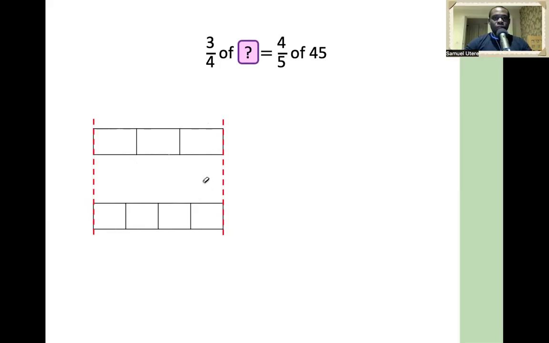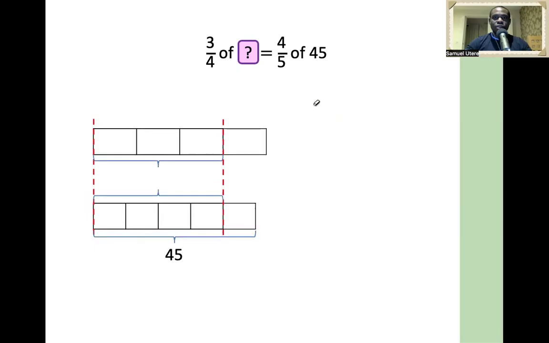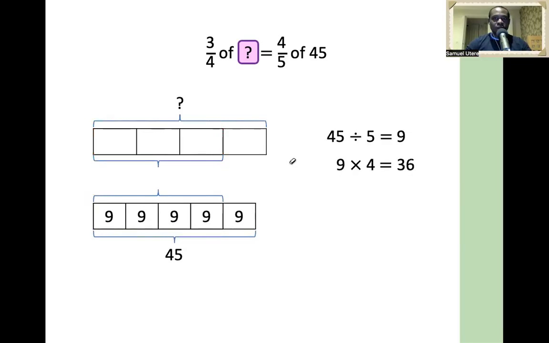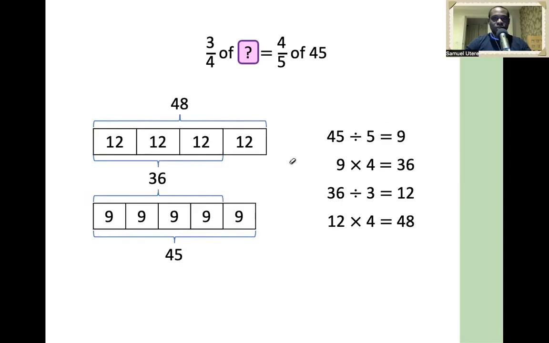So 3/4 is equal to 36, and we already know what 4/5 of that is. So if we were to extend this, that would be the whole lots that we don't know, the other parts. So we already know that that should be 9 each, 36, and it's equal to that part. So that should be 12, which gives us 48.